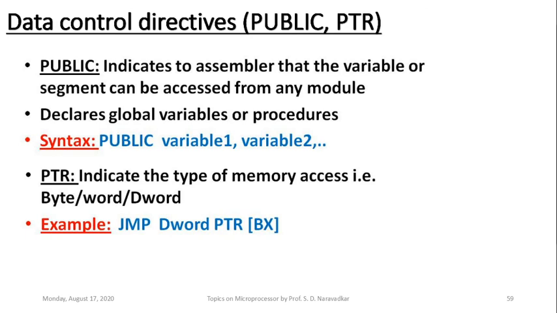So basically this particular example is a far unconditional jump instruction, where the address will be taken from 4 offset locations bx, bx plus 1, bx plus 2 and bx plus 3.